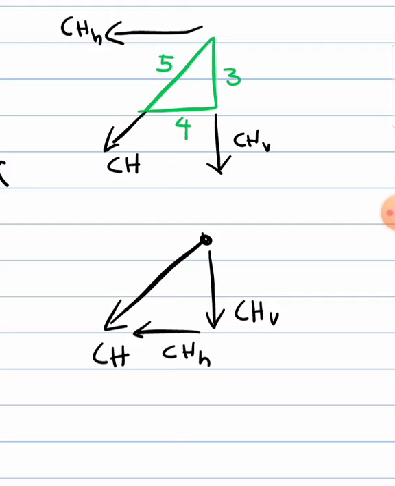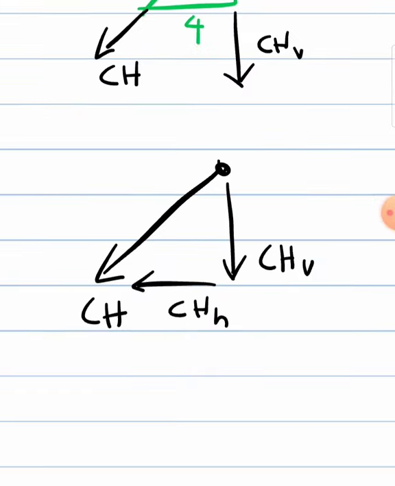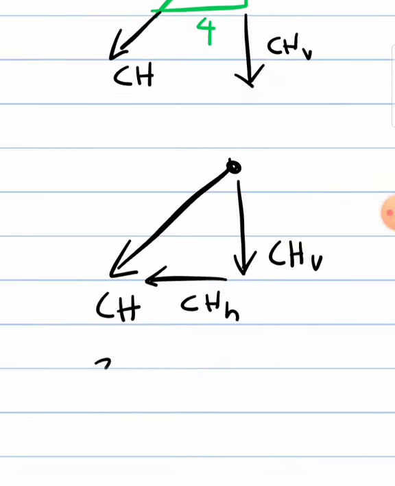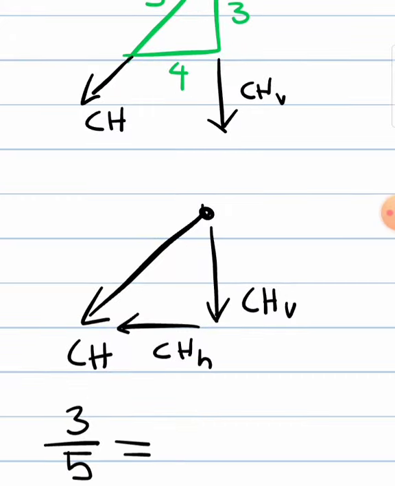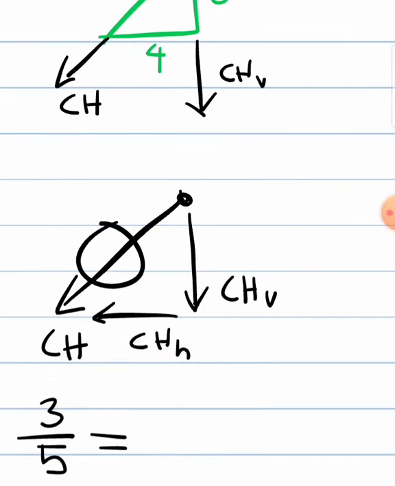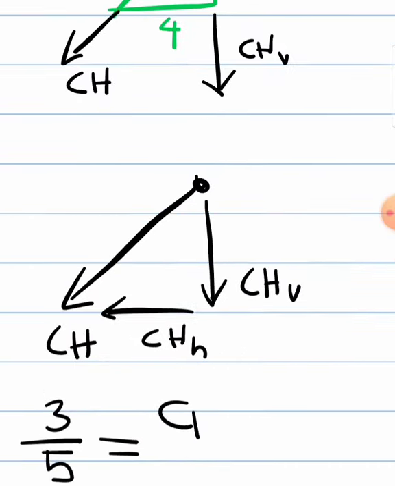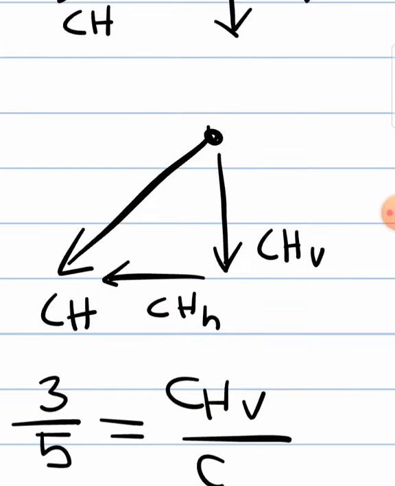So how do we get the relationship? If we want this CHV, or the vertical component, we will say that 3:5, or this one denotes 3 is to hypotenuse, is equal to this vertical is to hypotenuse of this another triangle. So CHV over CH is equal to 3/5.